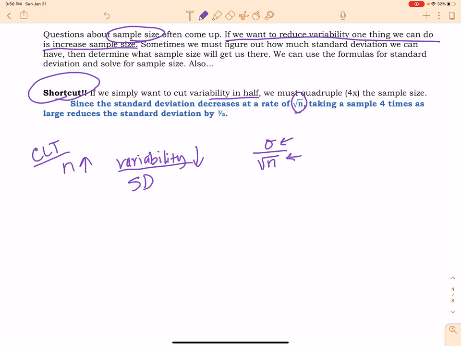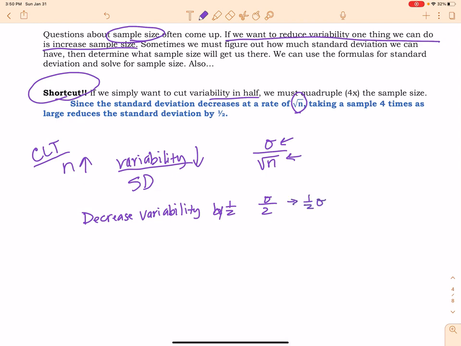Here's an example. Let's think about this. Let's say I want to decrease variability by 1/2. So let's say I've got standard deviation and I want it to be half of what it is. So half, this means the same thing as half of the standard deviation, right?